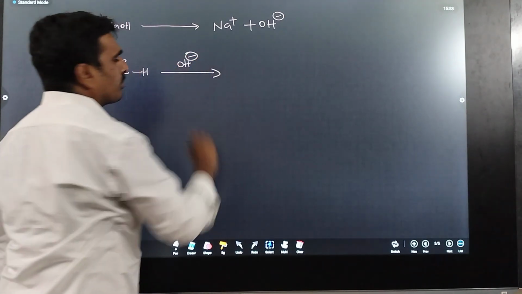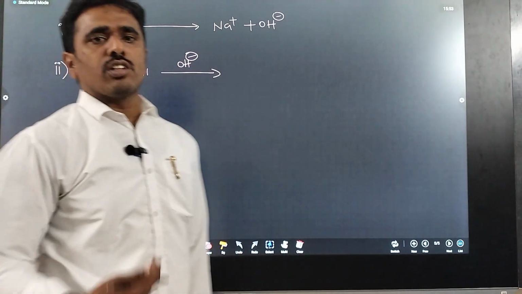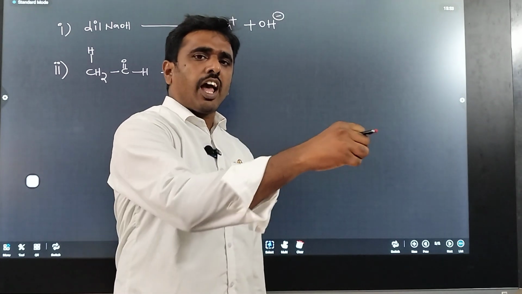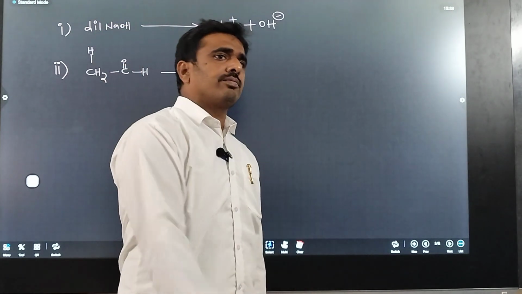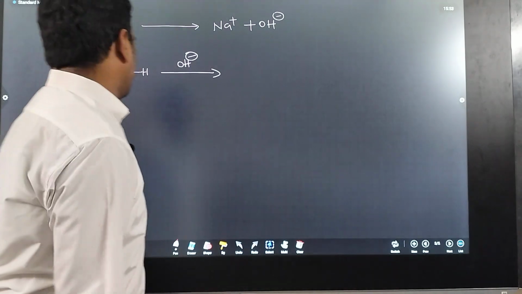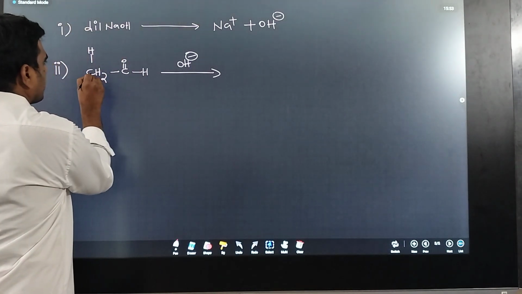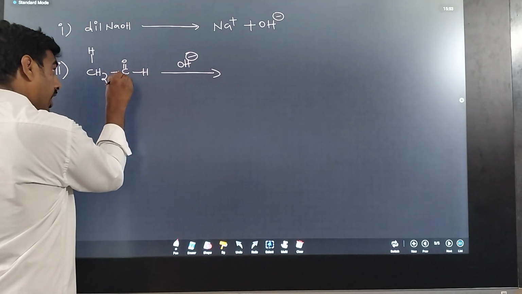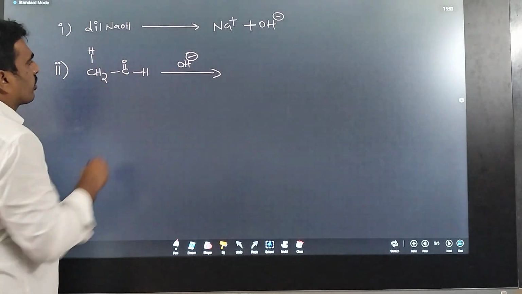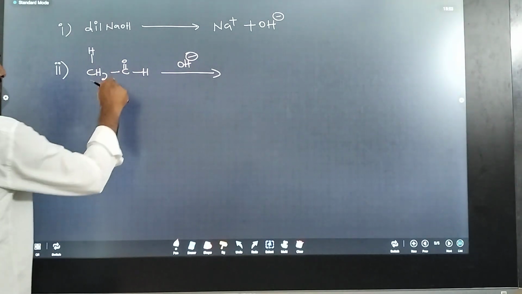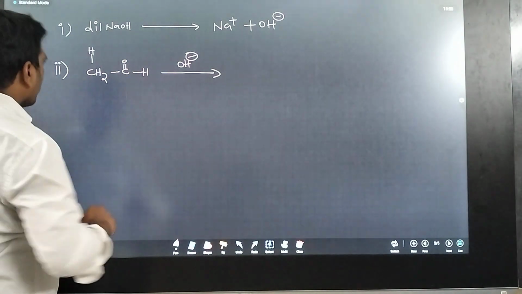What is the function of the base? Base can accept the proton from where? Acidic center. So this is a minus M group, because this is our system connected to carbon again connected to more electronegative element through pi bond. So that's why this acts as a minus M group.